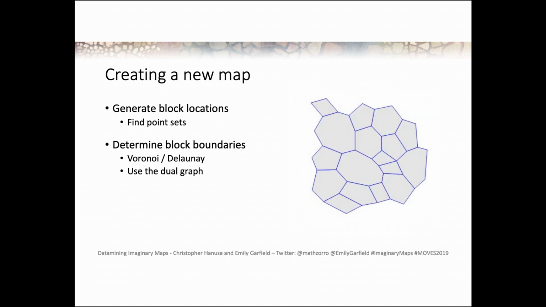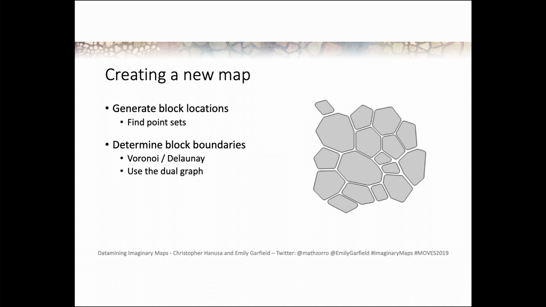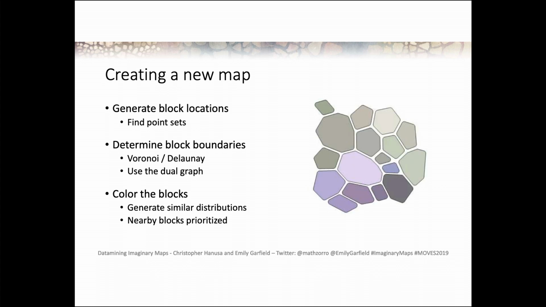And what I get is this region, which starts to look a little bit blocky, right? Different sizes. I then took these polygons and rounded each of them. I added a little bit of space in between them. And then I colored them using the distribution of colors that we learned about earlier, which is that there are going to be some major colors, and we'll sample colors from a distribution that has a nice mountainous feel to it, and we'll prioritize colors based on proximity.